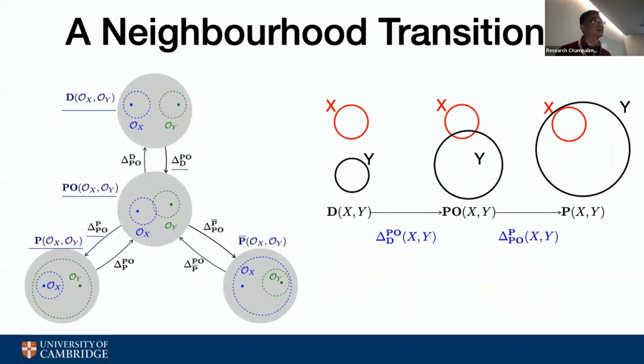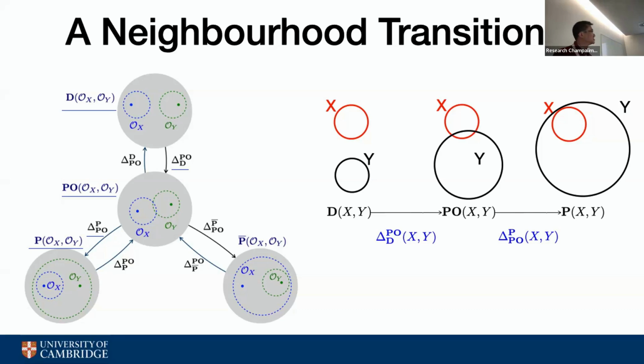How do they do it without using data? This network uses a transition map. To transform X disconnect from Y into the status of X inside Y, it will look at the map. The next neighborhood relation is partial overlap.